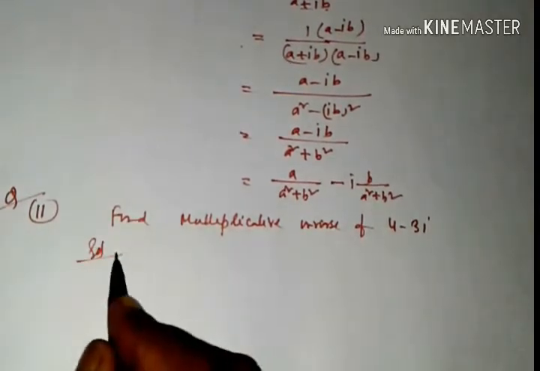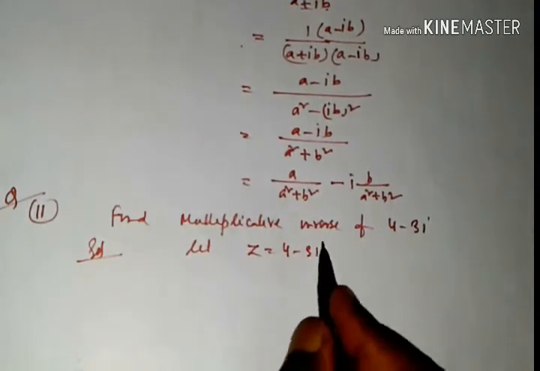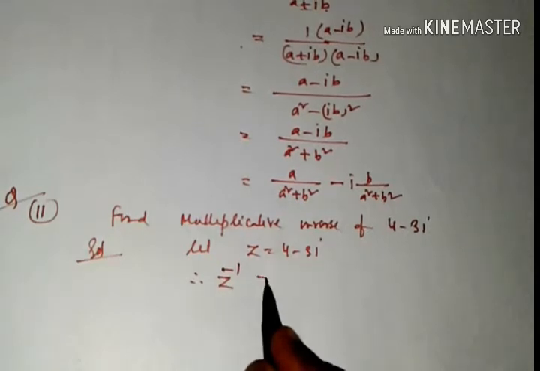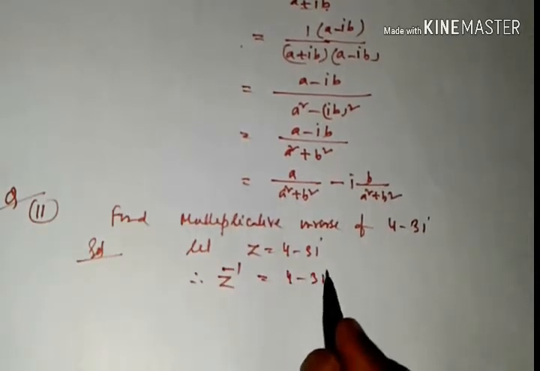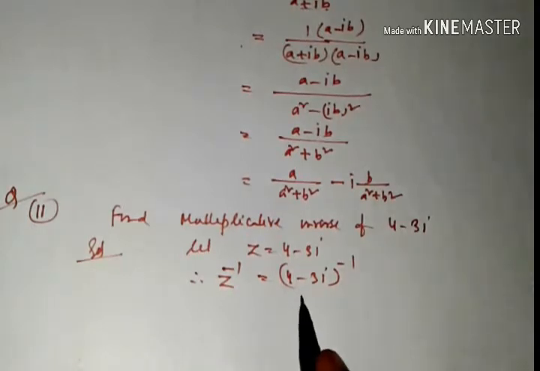Solution. Let z is equal to 4 minus 3i. Therefore z to the power minus 1 is equal to (4 minus 3i) to the power minus 1. This is the multiplicative inverse.